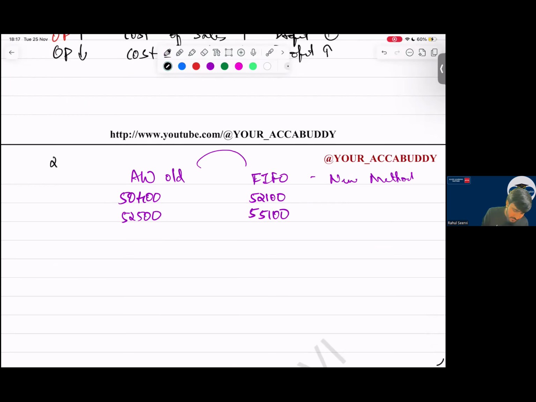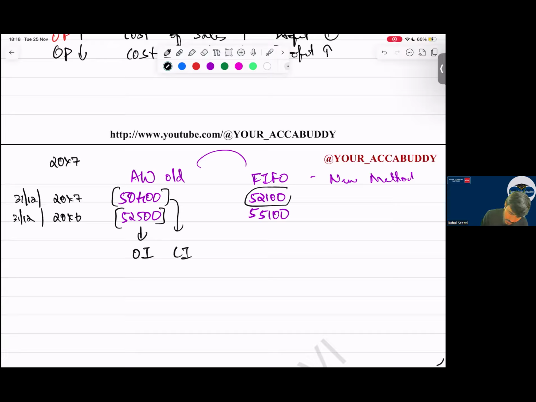So it is for X7. Now, this is X6 data and this is X7 data, 31st December. So for 2007 this will become the opening inventory, and this will become the closing inventory.